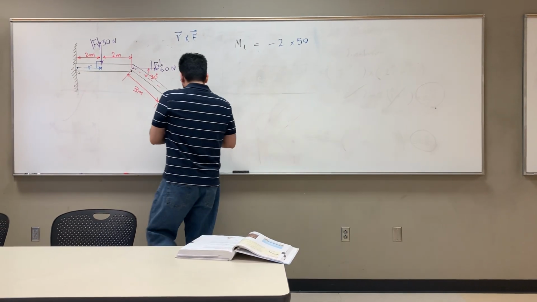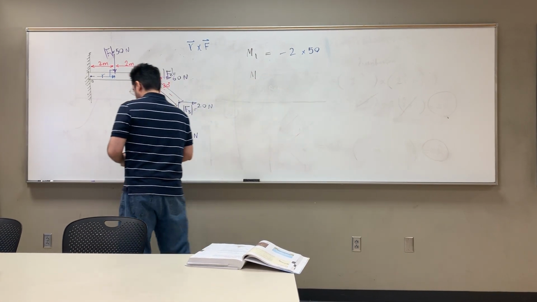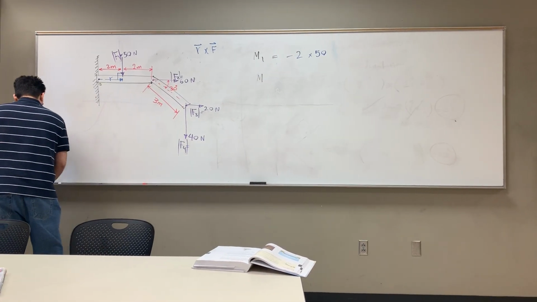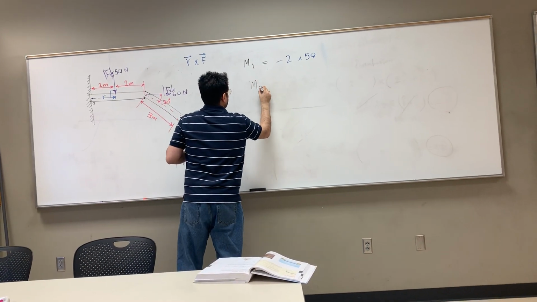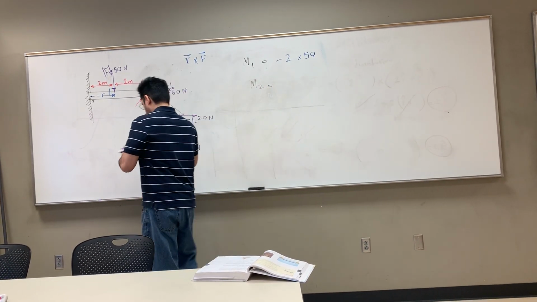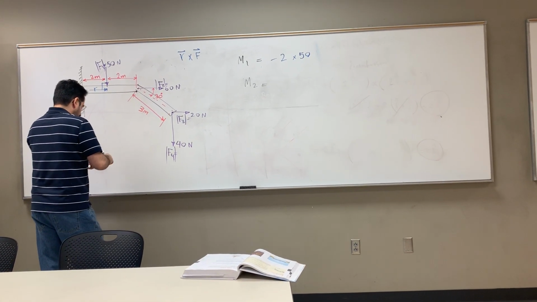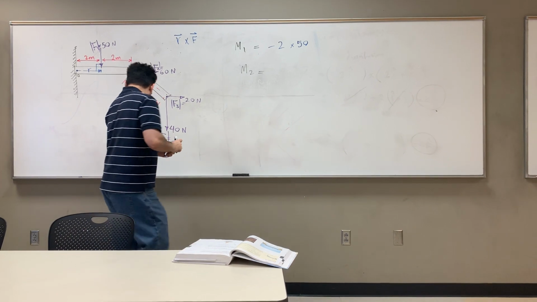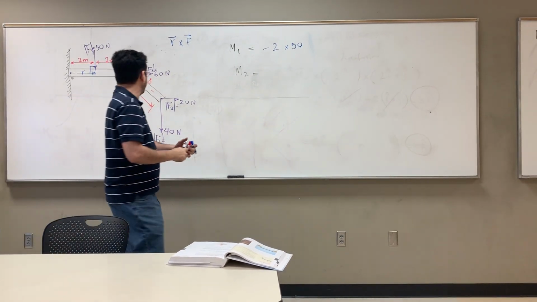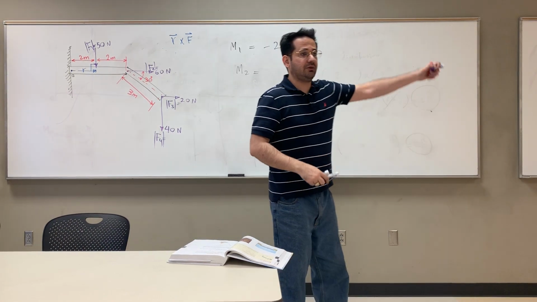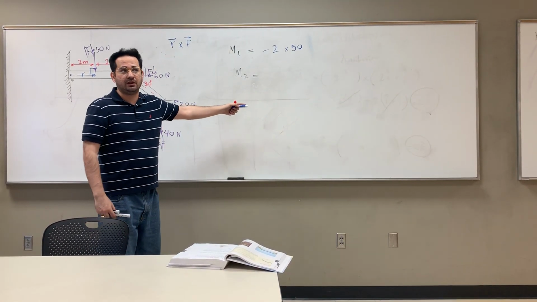Now let's go to M2. What about M2? It's the same. Let's follow the procedure. So I go to step 1, decompose into X and Y component. It's already in X component, you don't need to decompose it.